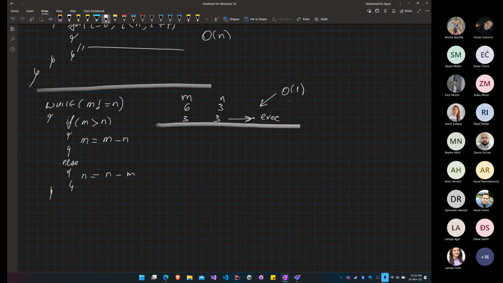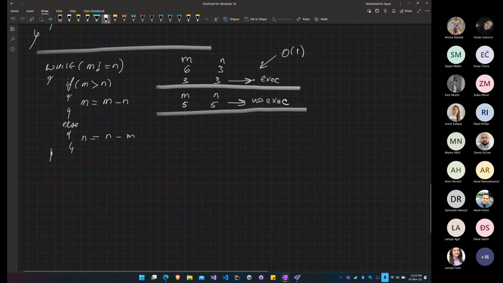In fact, I'm talking about when the while loop executes. So the best case, when the while loop executes, is O of 1. If I plug in m and n as, let's say, 5 and 5, no execution whatsoever, right? So this is a useless input for me.